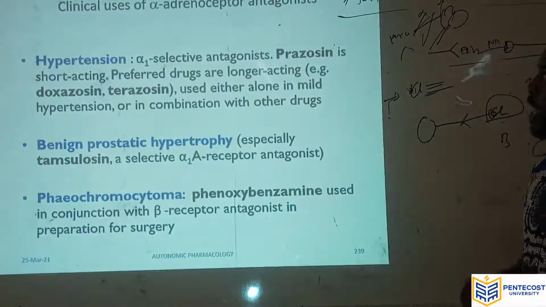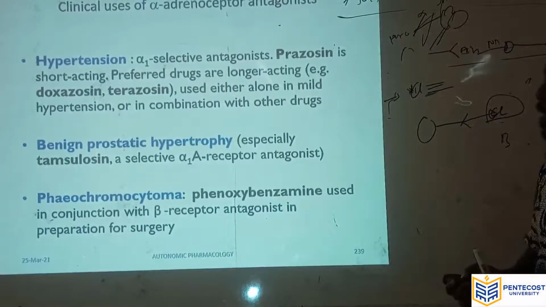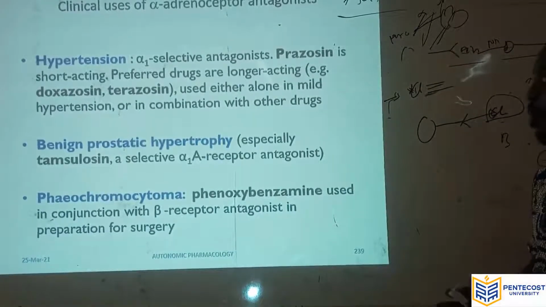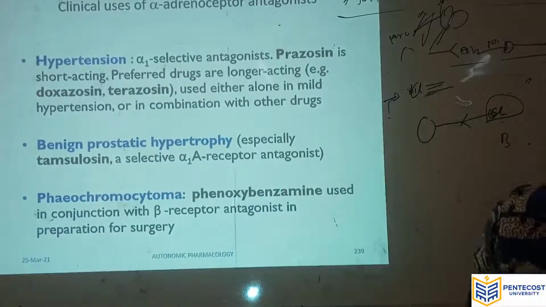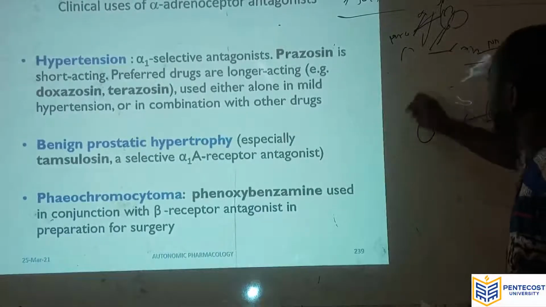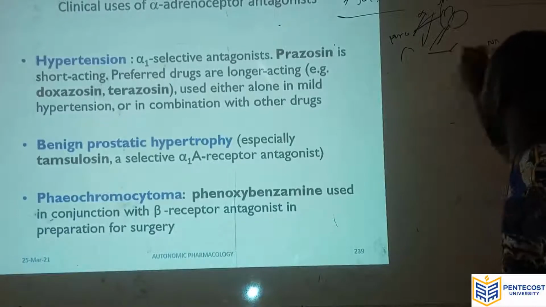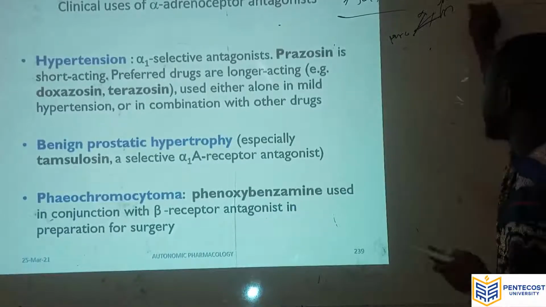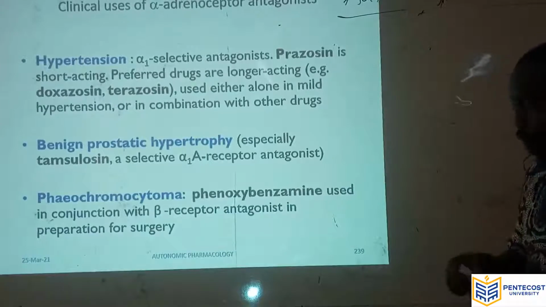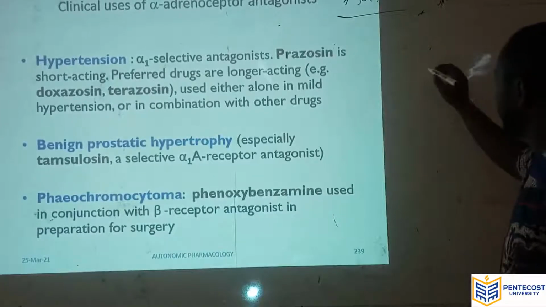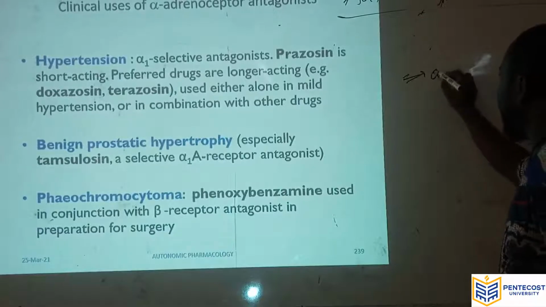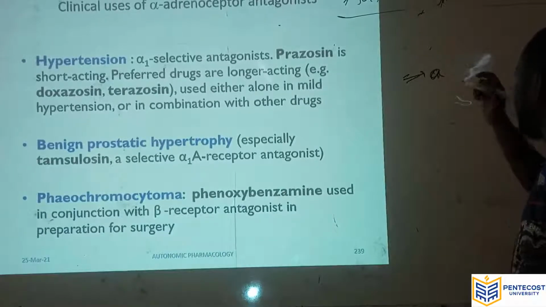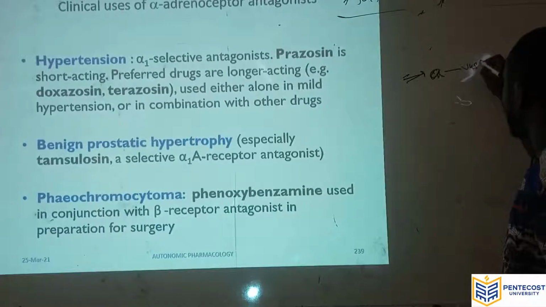So let's look at clinical uses of alpha 1 antagonists. The question I asked was, what is the function of the alpha 1 receptor? When you activate the alpha 1 receptor, when adrenaline comes and activates it, we are going to get vasoconstriction.